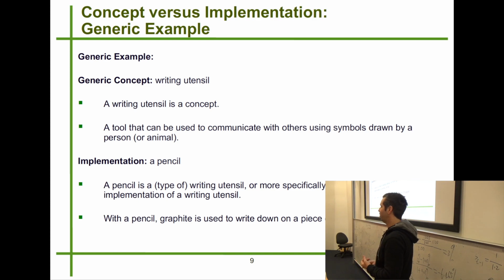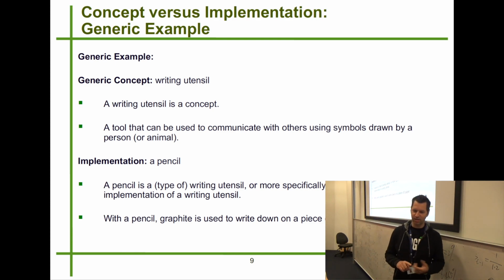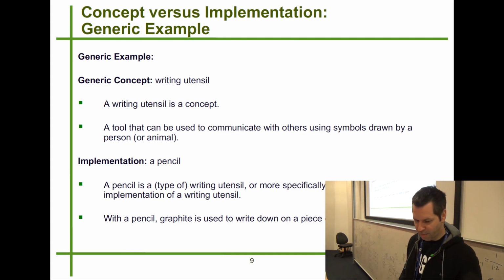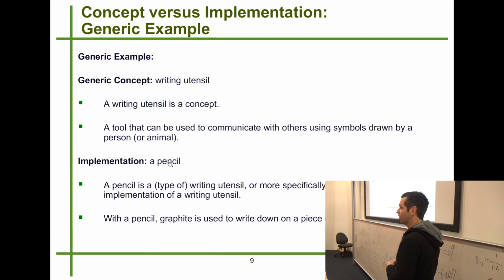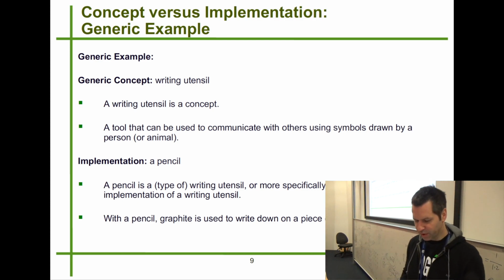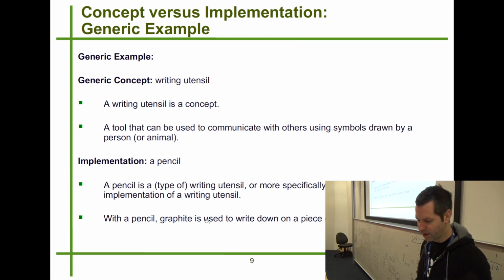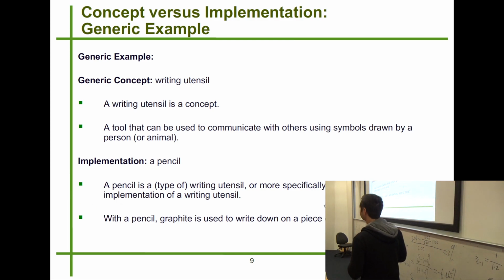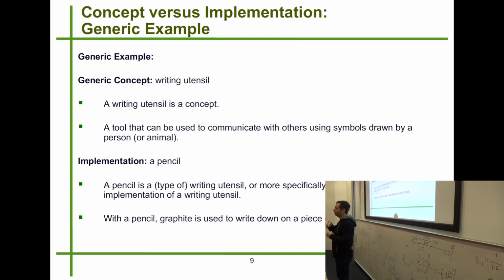You construct pens, pencils, markers, whatever, rocks. A pencil is a type of writing utensil, or more specifically, it's the implementation of a writing utensil. With a pencil, graphite is used to write down on a piece of paper. So we've separated out the concept from the implementation.